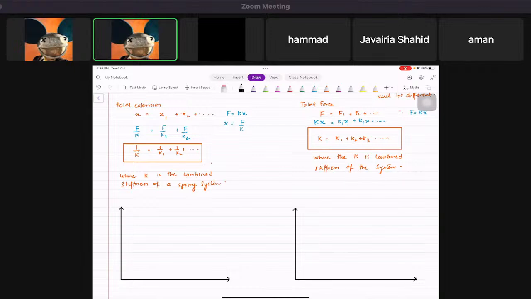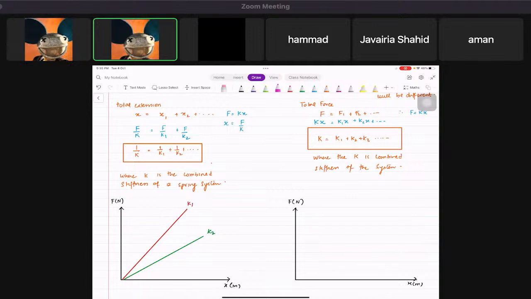Now here let's keep force, and here let's keep extension. Again, force and extension, and you have like two different graphs, right? So suppose K1 is stiffer, it has greater gradient. K2 is less stiff, it has less gradient.